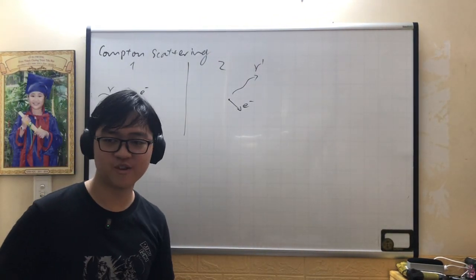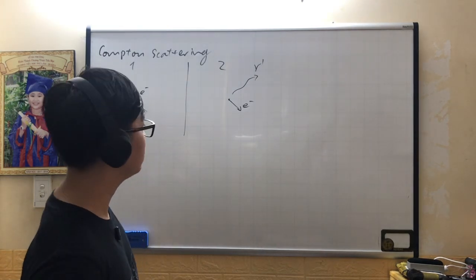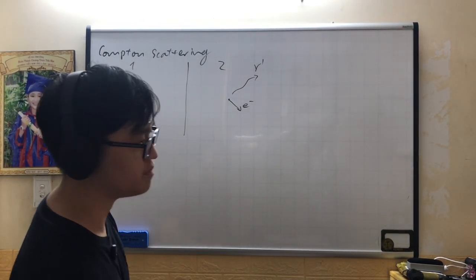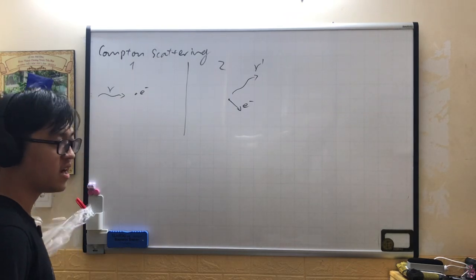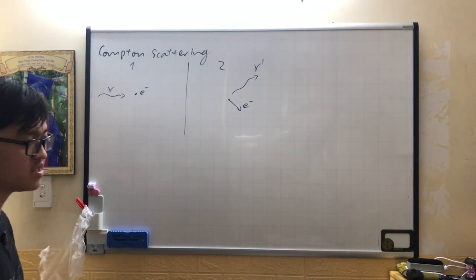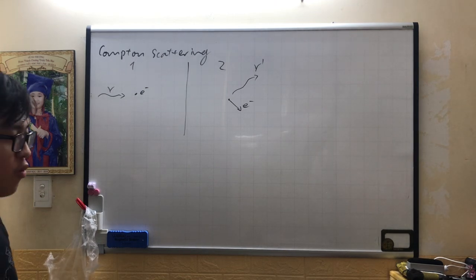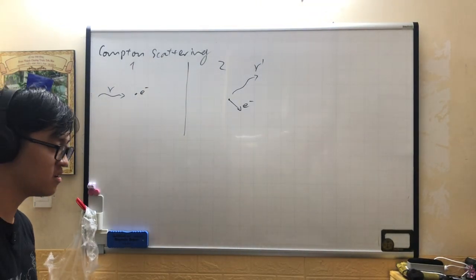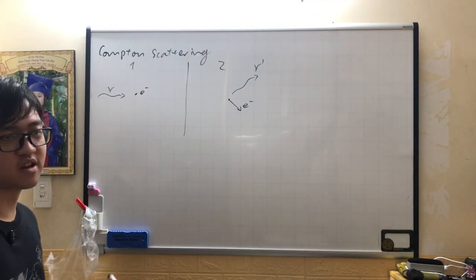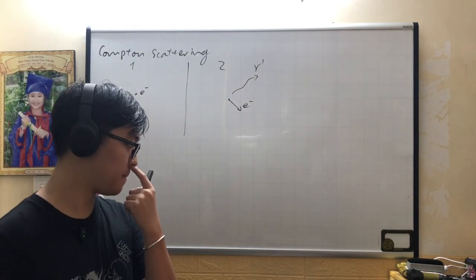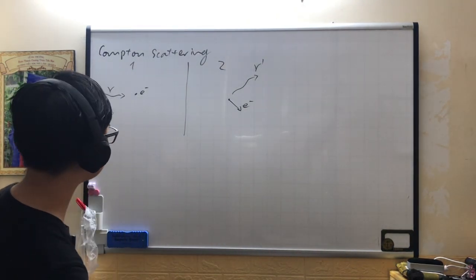Well, why is that, you might ask? That is because he used a low energy light. So his light beam has much lower energy than the rest mass of a particle, like we discussed last time.